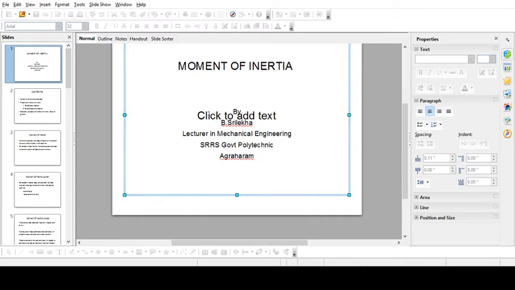Now if I replace this h by k, then k is equal to the square root of I by A. So this k is nothing but the radius of gyration.